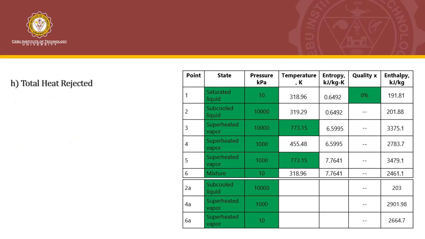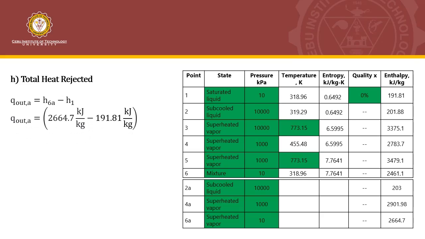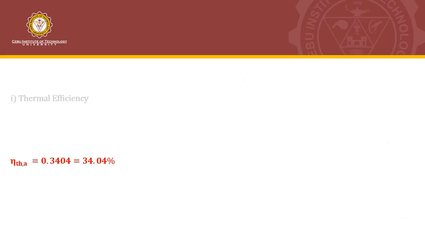And then we will proceed to the total heat rejected in the condenser, and it is simply h6a minus h1. Substituting those values, we get the total heat rejected as 2,472.89 kilojoules per kilogram.